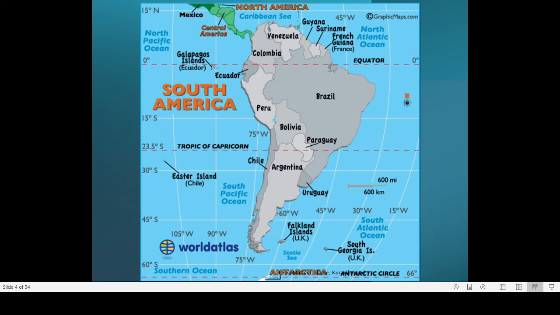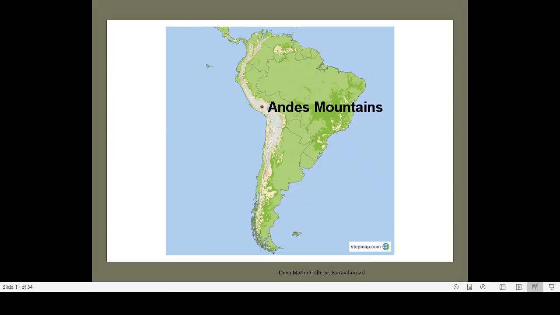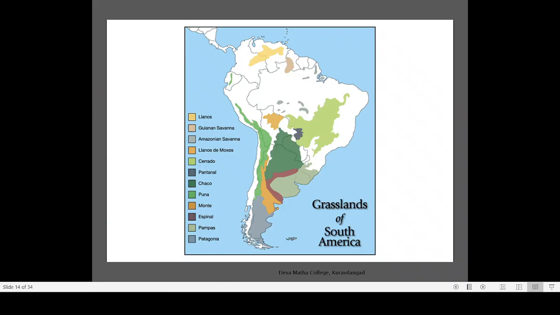Along with the cow farms, poultry farms are also there, because most of the chicken reaching Gulf countries and other countries all over the world comes from South America. So a large area of South America is occupied by grasslands. Here you can see the major grasslands of South America.